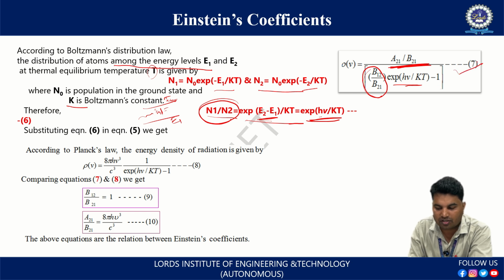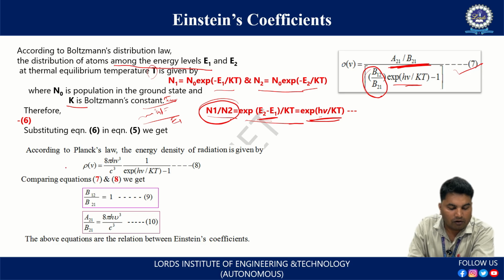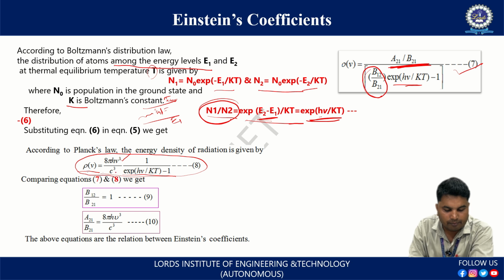This gives equation 7. According to Planck's law, the energy density of radiation is given by the equation rho of nu is equal to 8 pi h nu cube by c cube into 1 by exponential h nu by KT minus 1. So this equation has been derived from Planck's law.